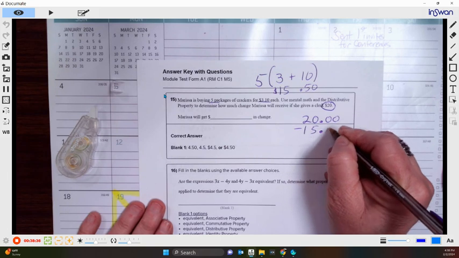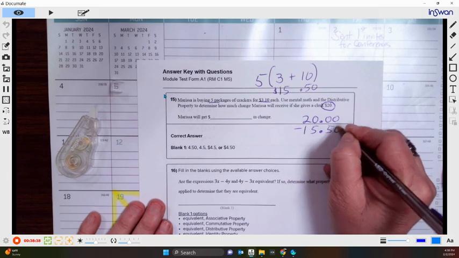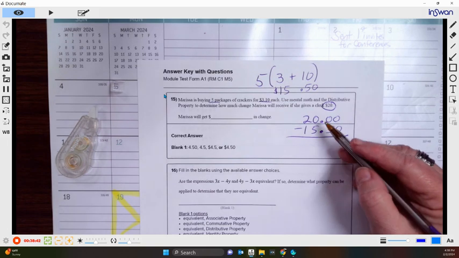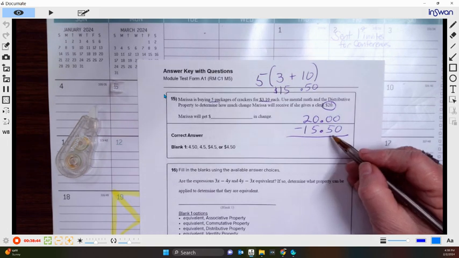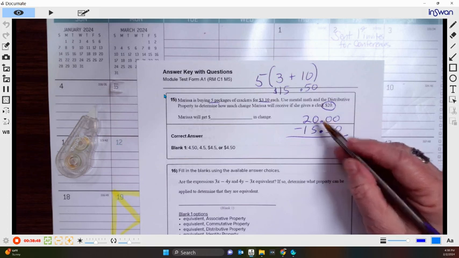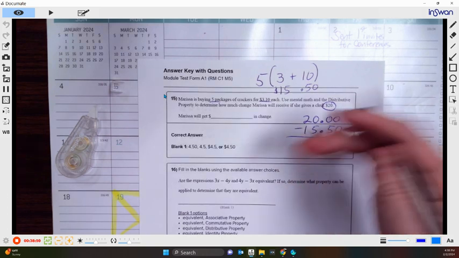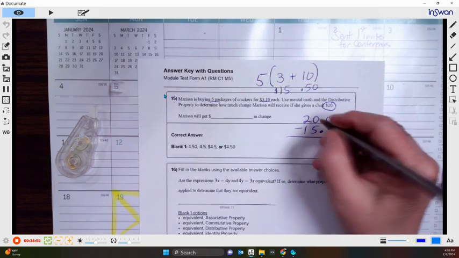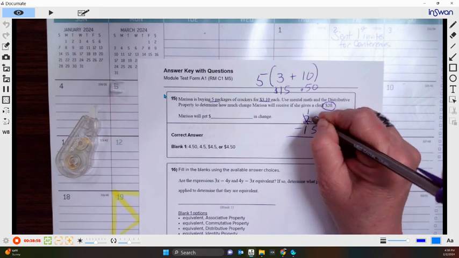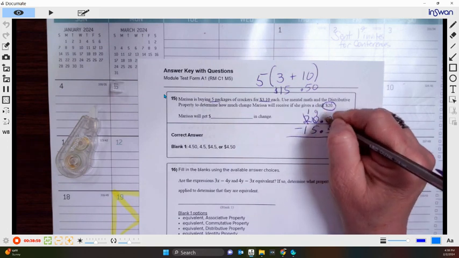But if you can't do that easily in your head, I know that 15 is 5 away from 20. This is a little bit more than 15, so that's going to be $4.50 more. But if you can't see that that's $4.50, you're going to regroup. That's going to be 10, but we make it a 9 to borrow to come here, and that's a 10.